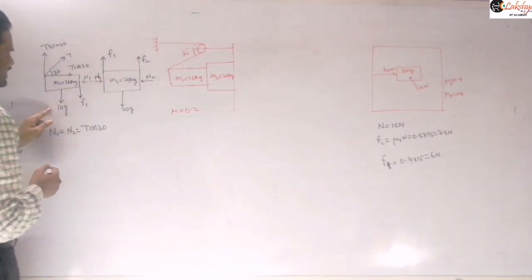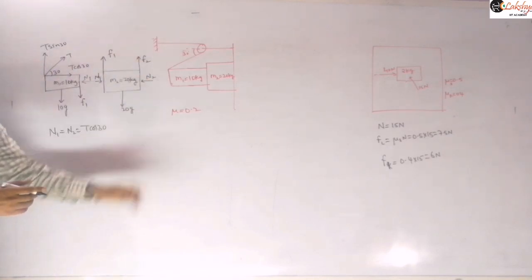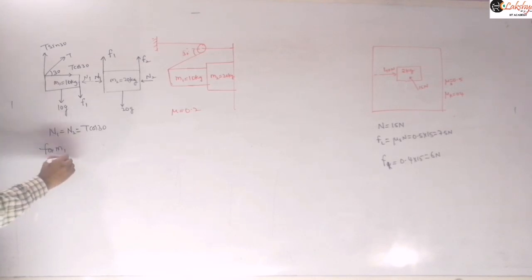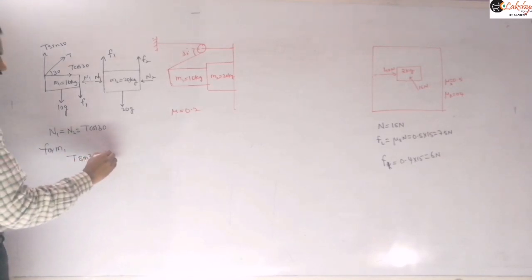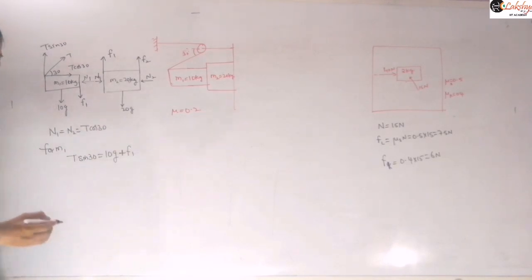Now let us balance the equilibrium here. This is connected to the string, so that block will remain in equilibrium. So for M1, we can write the equation: T sin 30 is equal to 10g plus F1, right?